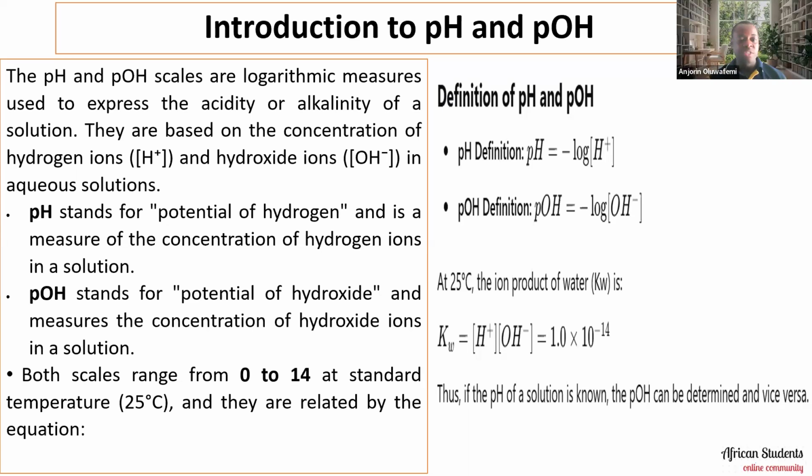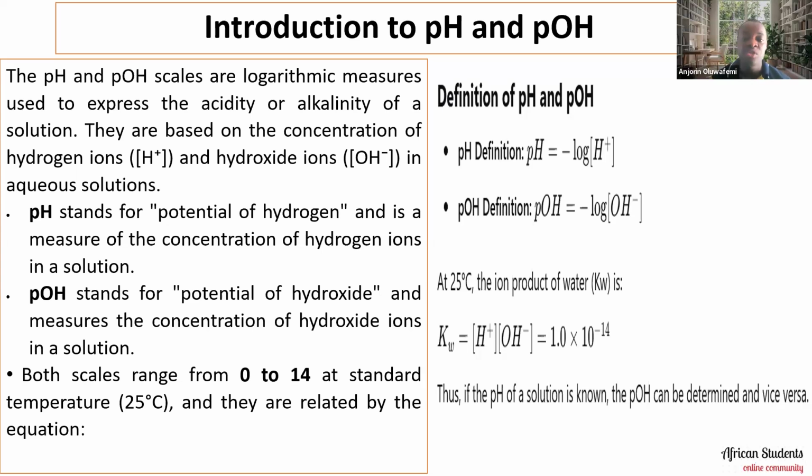Now, both scales, that is the pH and the pOH, range from 0 to 14 at standard temperature, which is the standard room temperature, 25 degrees Celsius, and they are related by this equation. pH equals negative logarithm of hydrogen ion concentration. pOH equals negative logarithm of hydroxide or hydroxyl ion concentration.